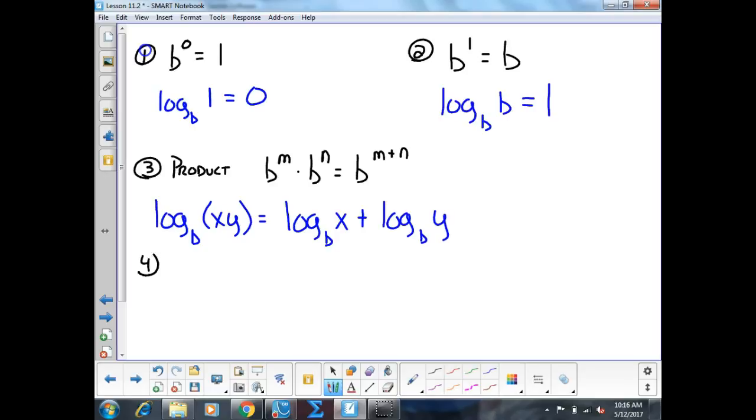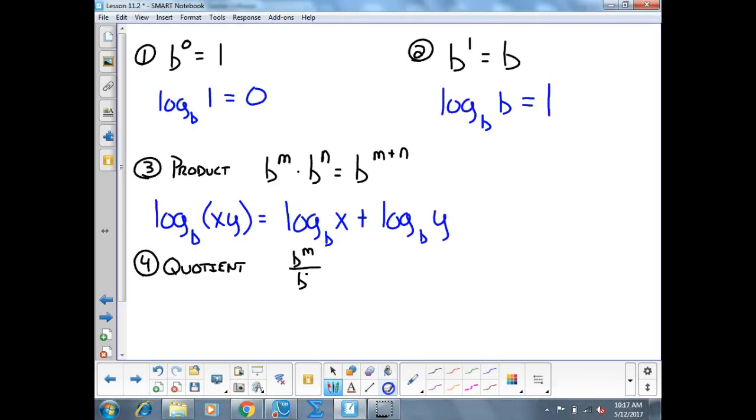Today, I gave you the quotient property. Can't remember, is there an I in there? Yeah, I-E-N-T. Bad spelling. Don't tell my mom. And we said that that was b to the m over b to the n.